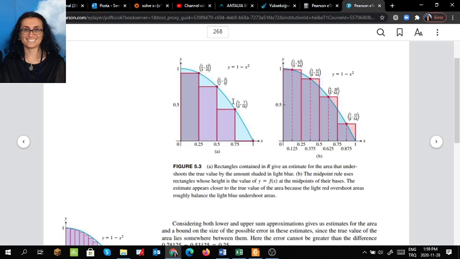In the first one we use the left point of the subinterval.